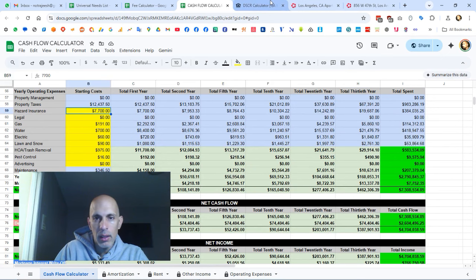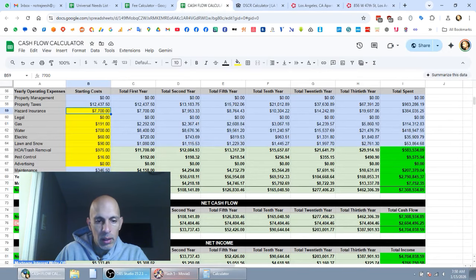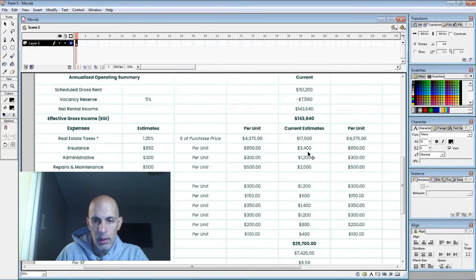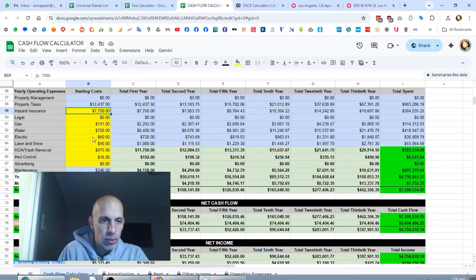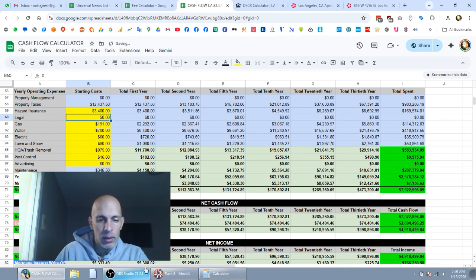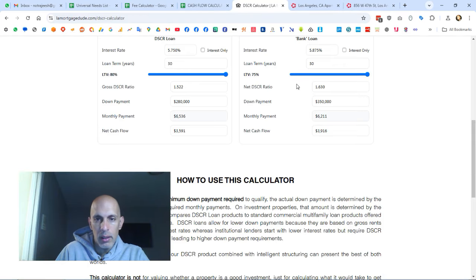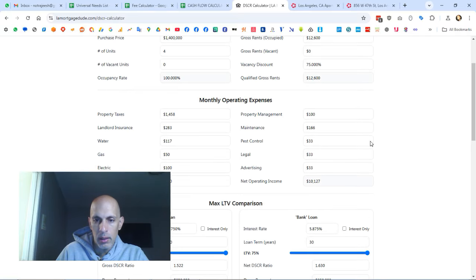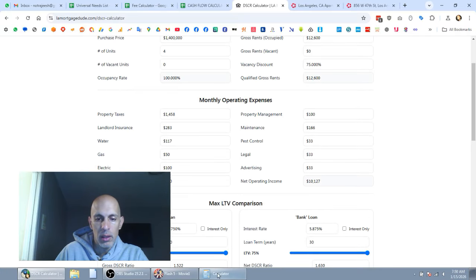We said that, let's see here, $3,400 a year for insurance. Legal was done at, let's see here, $33 a month.